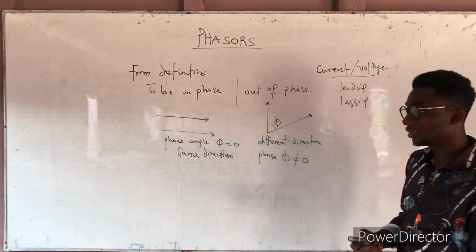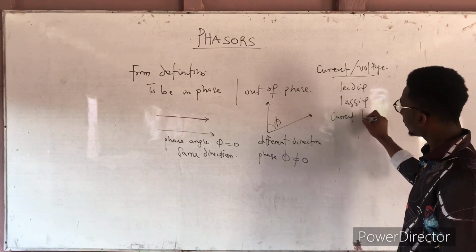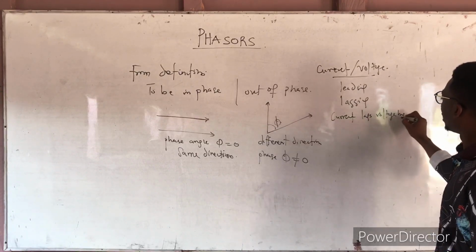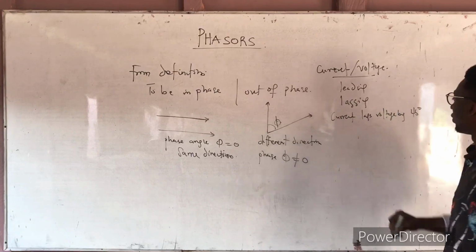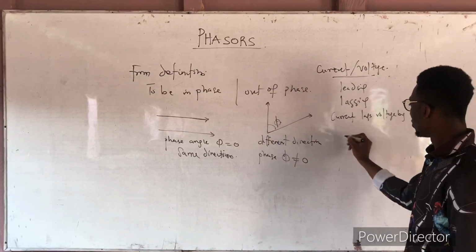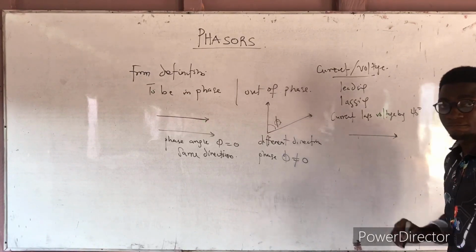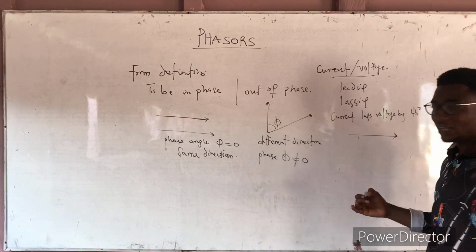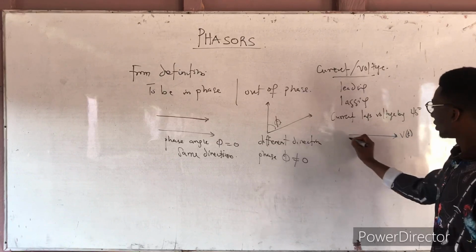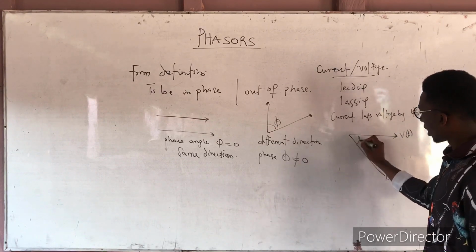For instance, when you are given that current lags voltage by, let's say, 45 degrees.